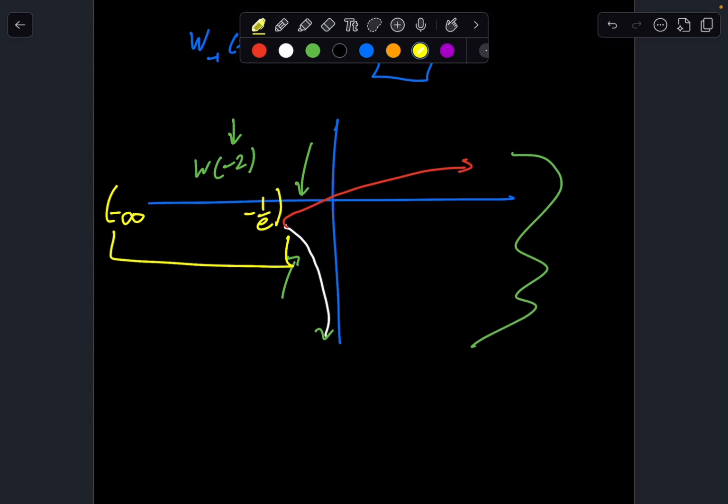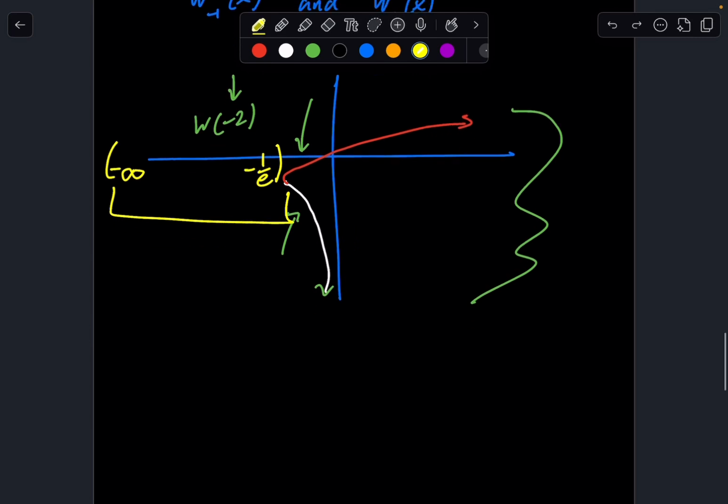It's hard to give an exact definition of branch cut, but essentially all these values, you can still plug them into the Lambert W function and any branch, which I'm going to talk about, but it'll output a complex number. For x within -infinity to -1/e, the Lambert W function will return complex values. The Lambert W function will be within the complex set.